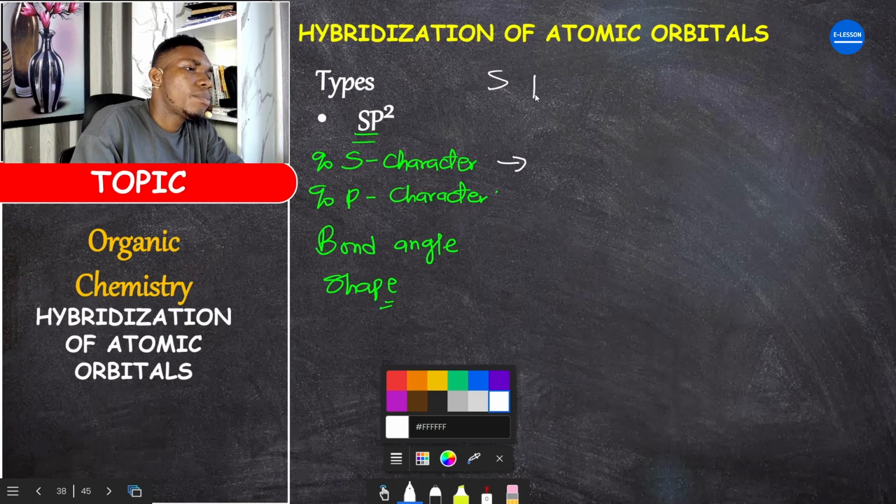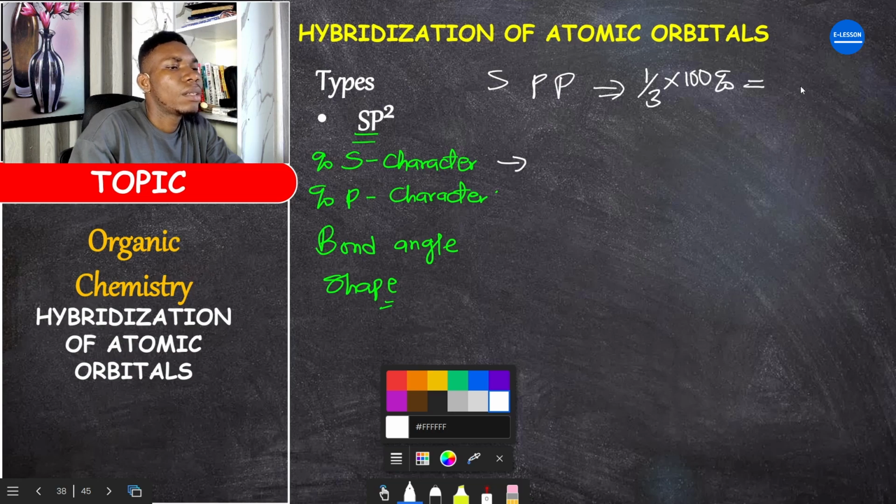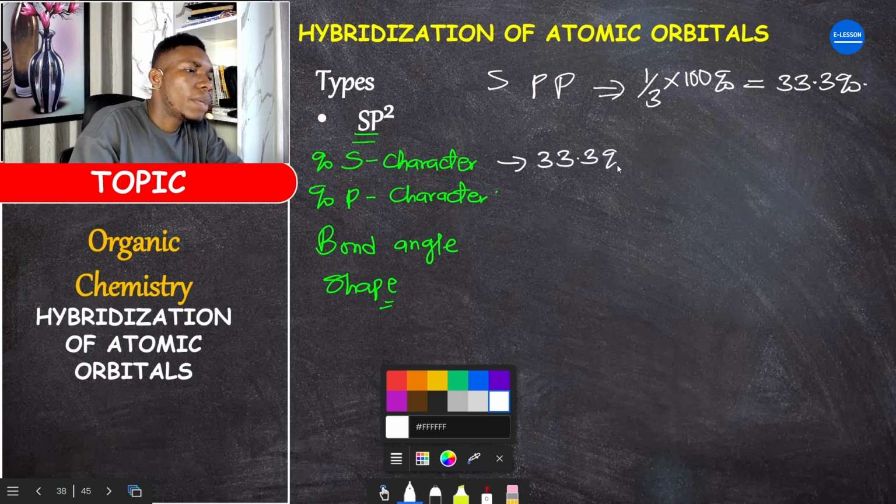Now this is sp2. Total atomic orbital is 3. So how many S are there? 1. So 1 over 3 times 100%. So this will give us 33.3%. So here we are going to have 33.3%.